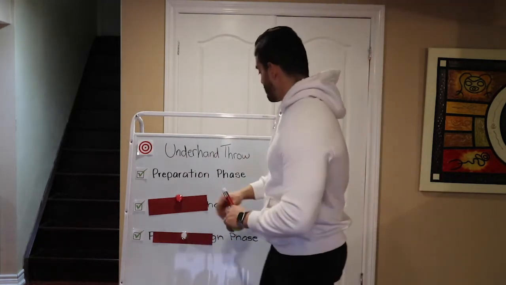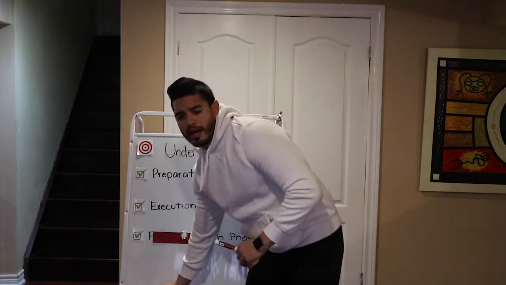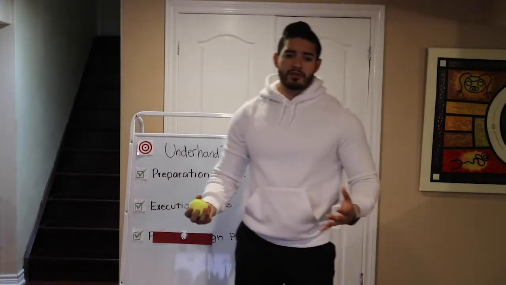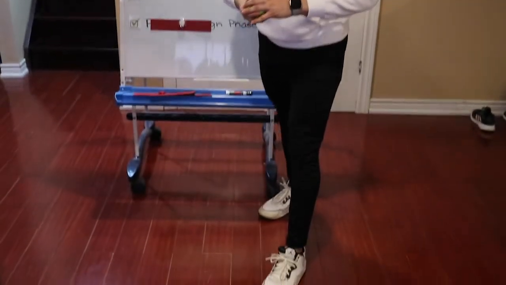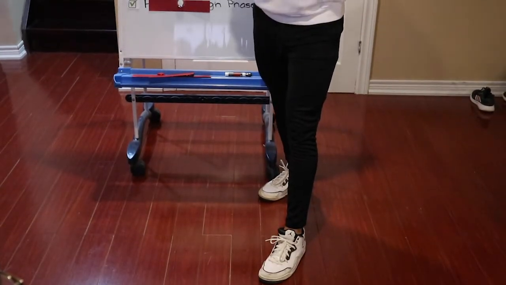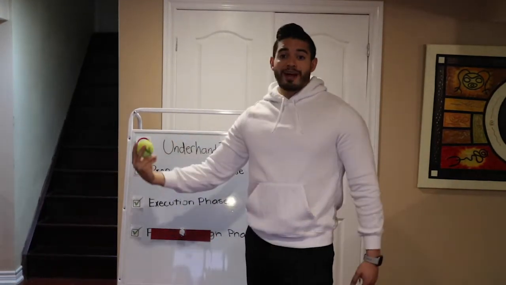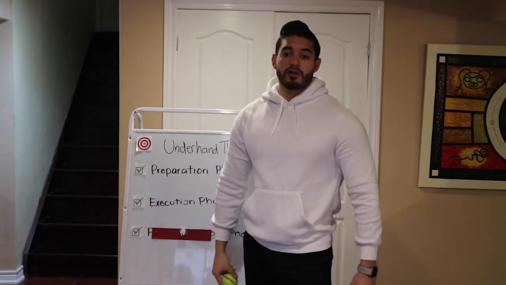Yeah. The execution phase. Fantastic, and here we go, the execution phase. So this is the phase where everything happens, okay? We're going to step into our throw using the opposite foot. Again, just a reminder from last week. If you are right-handed, okay, I'm right-handed, my opposite foot's gonna go first.